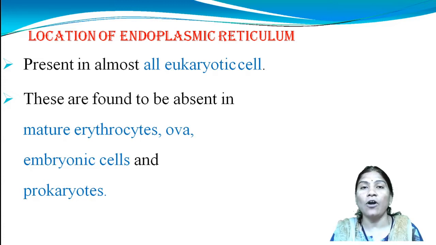Means except for these mature erythrocytes, ova and the embryonic cells, in all the remaining eukaryotic cells, endoplasmic reticulum is present. In all the prokaryotic cells, endoplasmic reticulum is absent. Means endoplasmic reticulum in the prokaryote is always or totally absent.